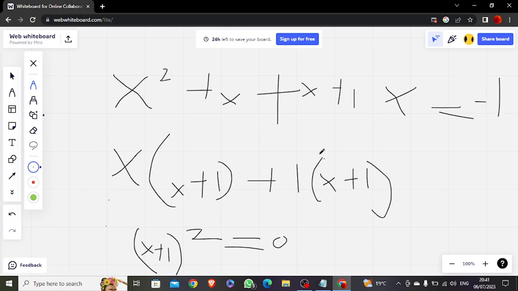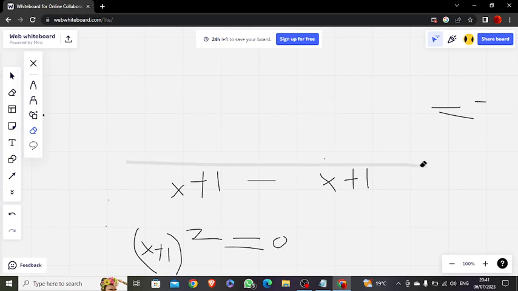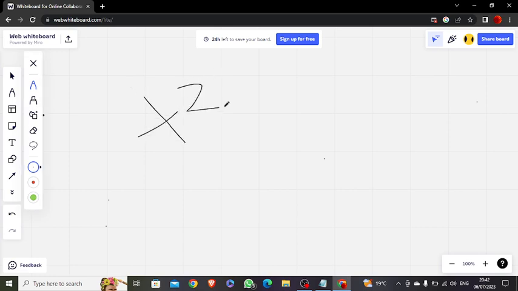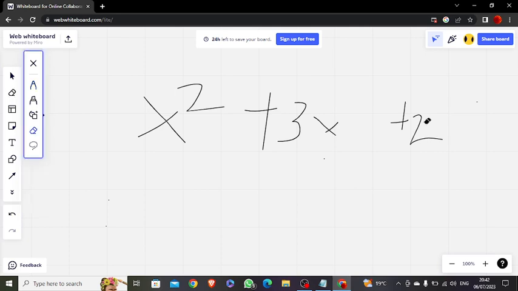However, if we take something different, like x squared plus 3x plus 2, then we have something different. For example, let me fix that.